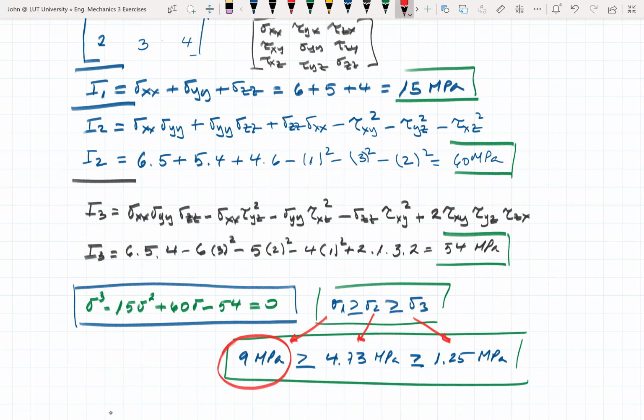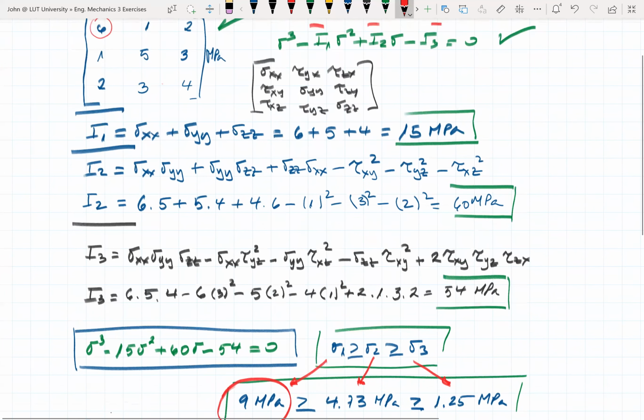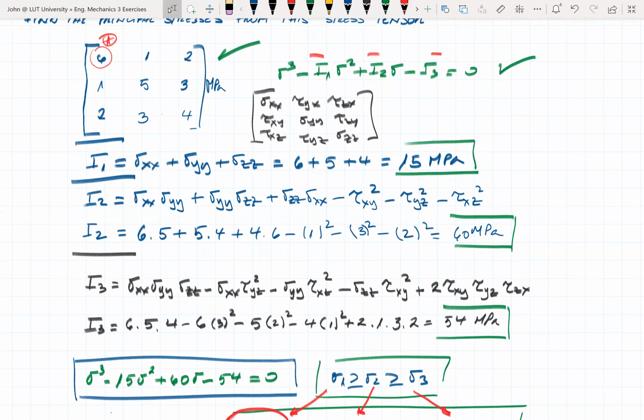So this is one thing that is going to give us more tools, more safety at the moment of selecting our material when we are designing our parts. It's a pretty straightforward procedure. It's simple. It's nothing compared to what we have done to derive this polynomial equation to find out the principal stresses.